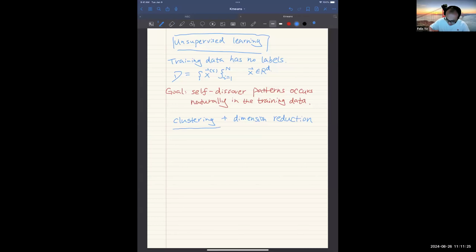We will spend quite a significant time on clustering to introduce two main clustering algorithms, K-means and Gaussian mixture. For dimension reduction, we will mainly focus on PCA. We will also talk a little about something related to PCA, called QDA and LDA, but this is more like a supervised version of dimension reduction.